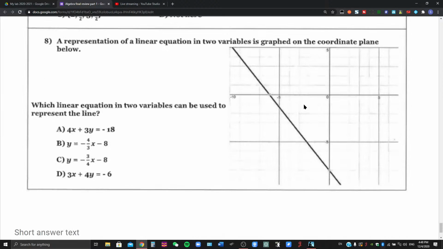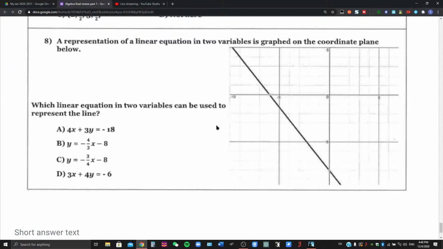Question 8. A representation of a linear equation in two variables is graphed on the coordinate plane below. Which linear equation in two variables can be used to represent the line? So we're going to write out the formula for this line.